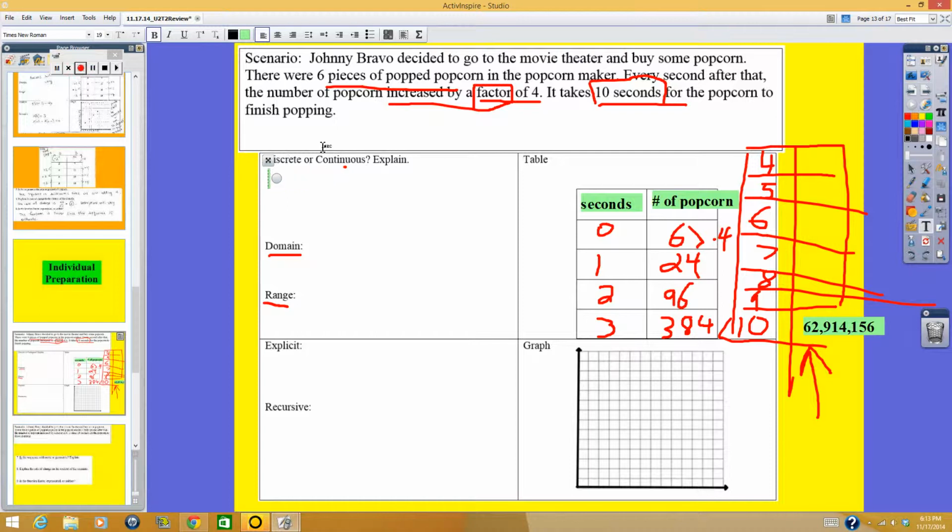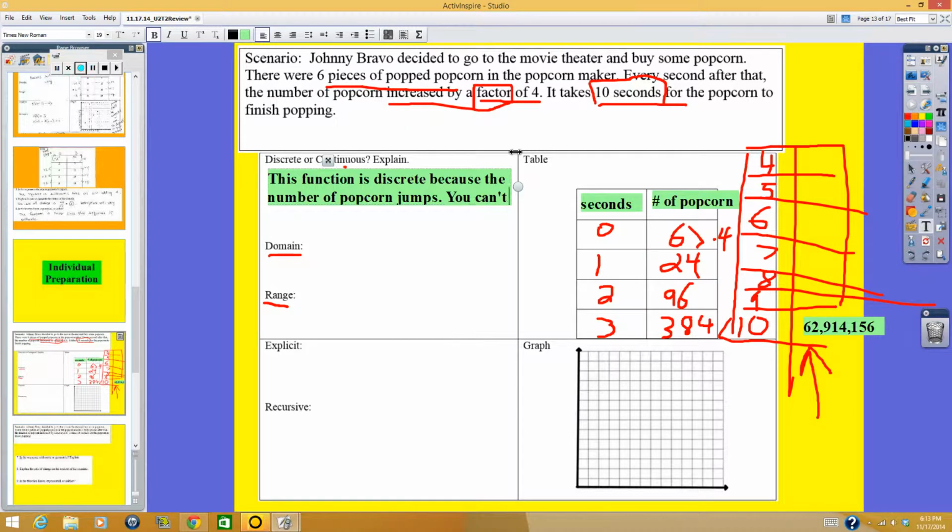And I would say this function is discrete because the number of popcorn jumps.